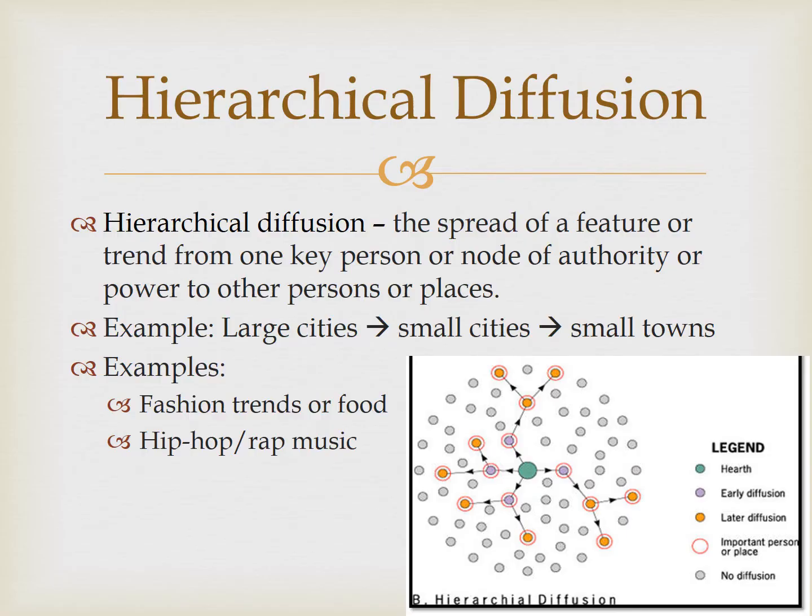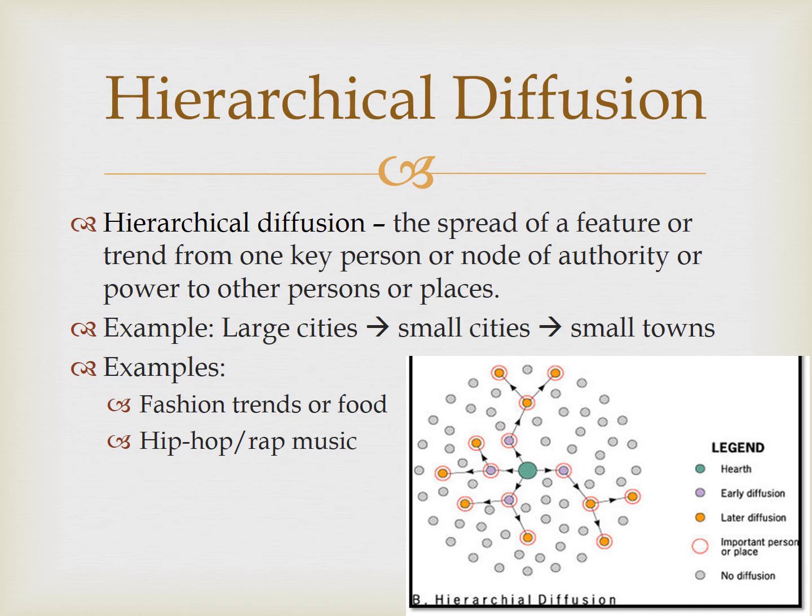Our next type of expansion diffusion is hierarchical diffusion, which is the spread of a feature or trend from one key person or node of authority or power to other persons or places. Again, it's like a pyramid, and that key person is at the top.